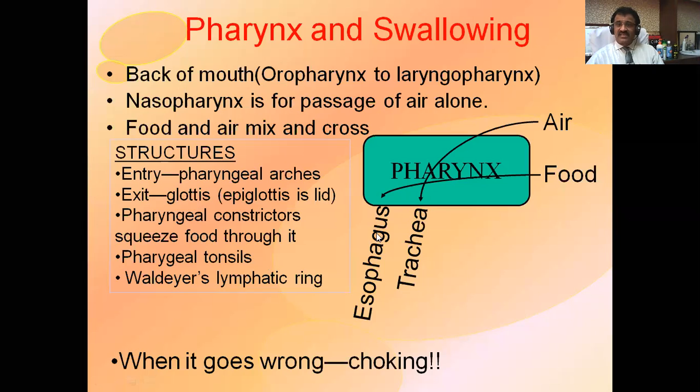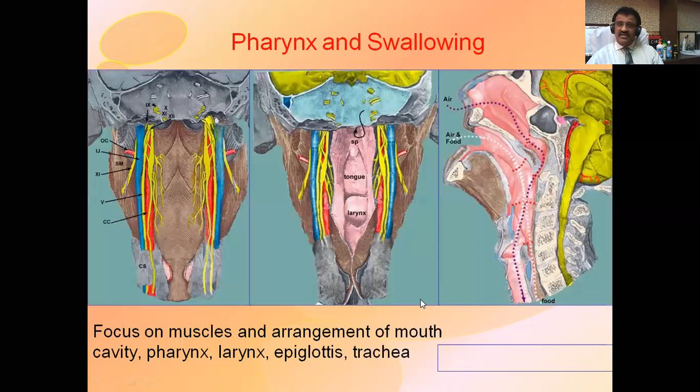Okay, but if something goes wrong at the time of deglutition, it causes choking. ठसका लागतो आपल्याला, because food has to enter the food pipe and air has to enter the air pipe. So pharynx and swallowing, you can see the movements here. Focus on the muscles and arrangement of the mouth cavity, pharynx, larynx, epiglottis, and trachea in this diagram.